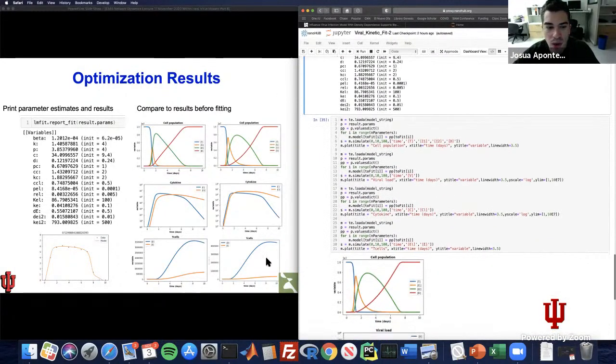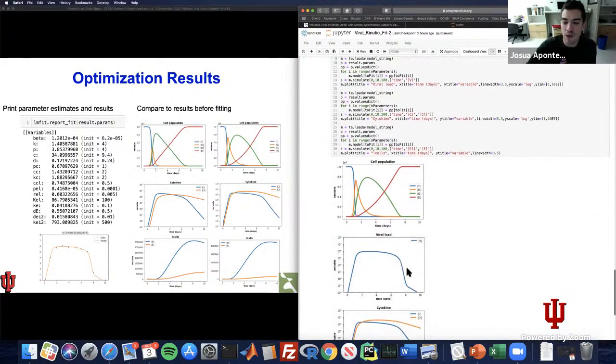And now we can come back and look at how all of the other variables of the model behave when we fit the data, and compare them to what they looked like before for the previous model, the estimated model. Let's see a couple of them.